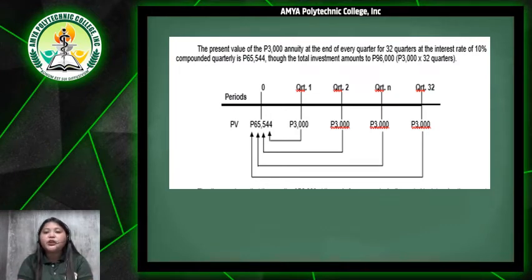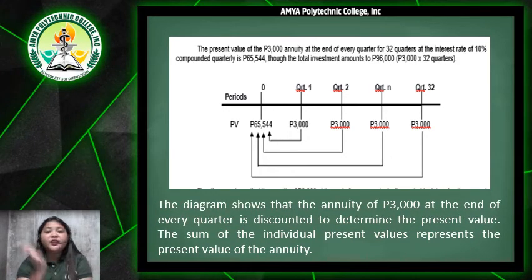The present value of a 3,000 pesos annuity at the end of every quarter for 32 quarters at the interest rate of 10% compounded quarterly is 65,544, though the total investment amounts to 96,000 pesos, wherein you just multiply the annuity of 3,000 pesos by the 32 quarters. Okay? So the diagram shows the annuity of 3,000 pesos at the end of every quarter is discounted.